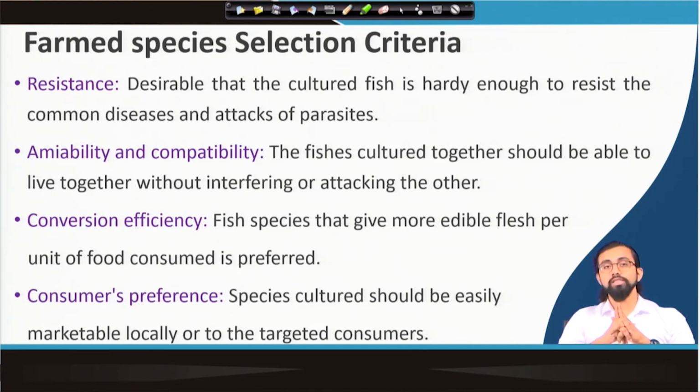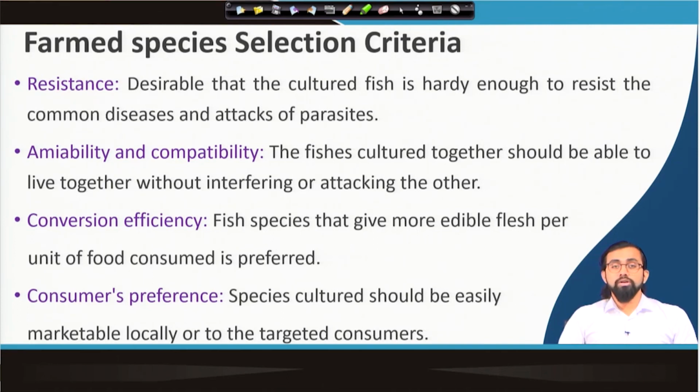The conversion efficiency: fish species that give more edible flesh per unit of food that they consume are obviously preferred, right? Because you don't want to culture something which requires a huge amount of feed, but the ultimate produce is very little. So this conversion efficiency is another very important selection criterion for the farm species. And one of the most important is the consumer's preference.